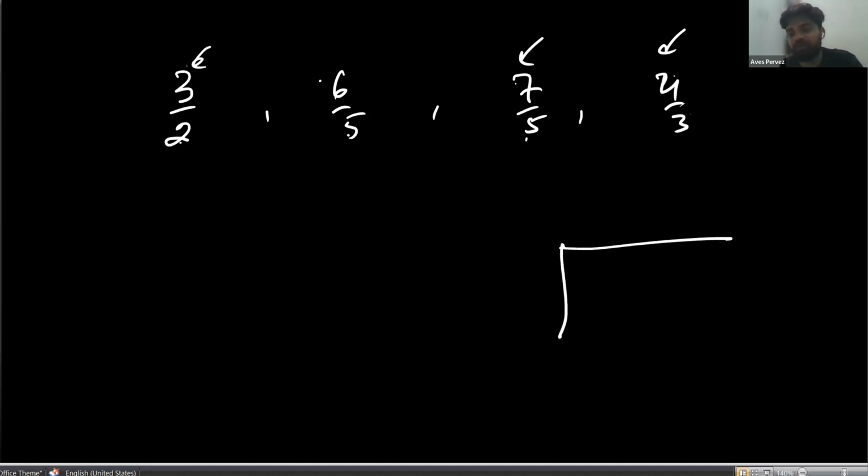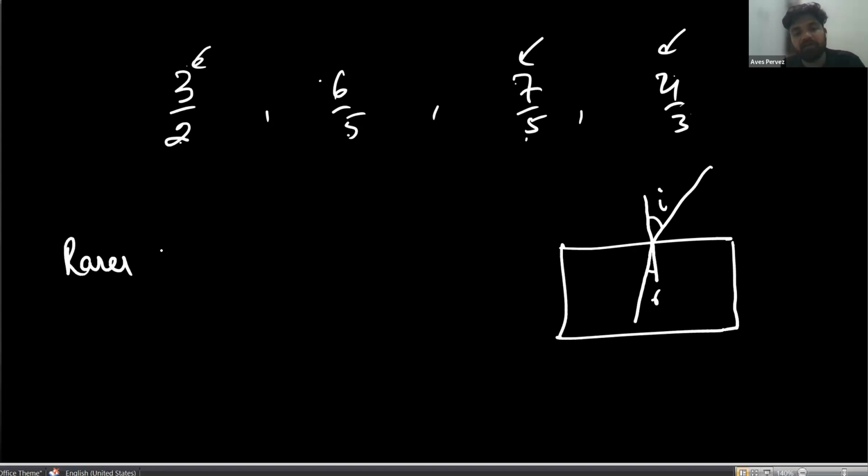Now look at this. What is going to happen? When light is traveling from a rarer to a denser medium, the refractive index will be greater than 1.